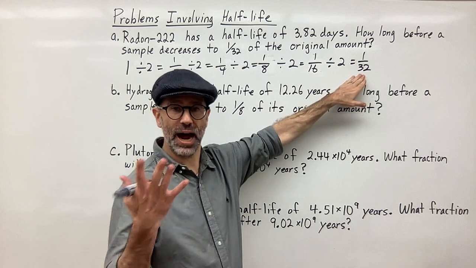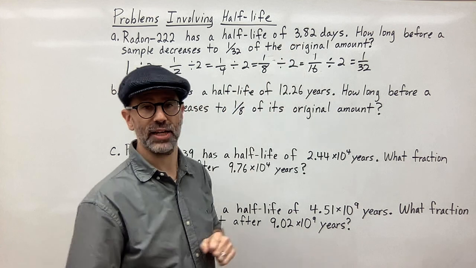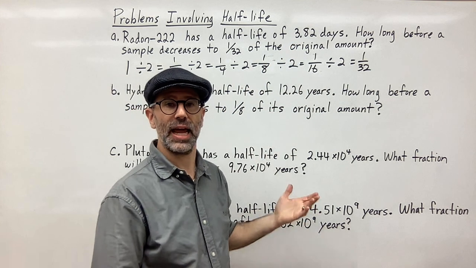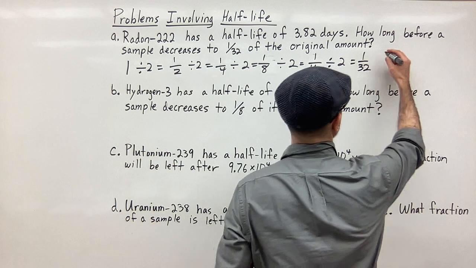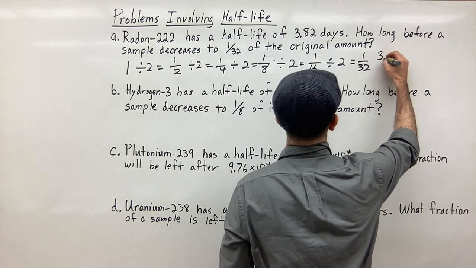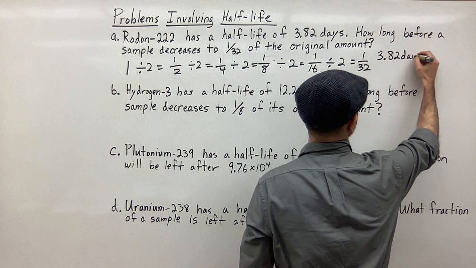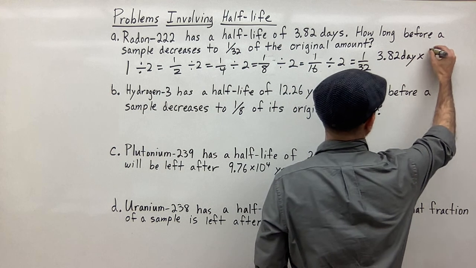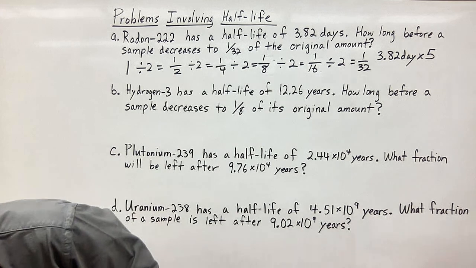Well, I know it took 5 half-lives, and I know each half-life is 3.82 days. So I'm going to take the 3.82 days multiplied by 5 half-lives.